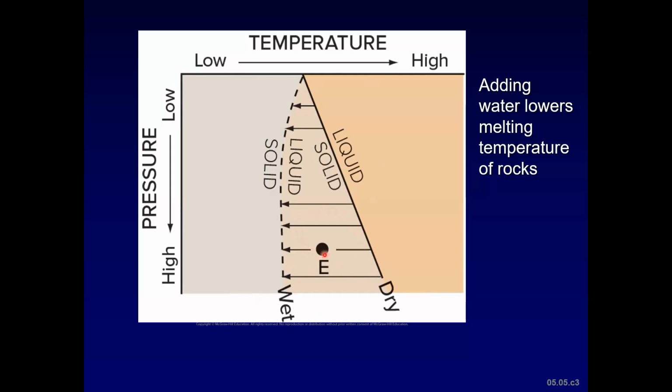It's quite hot and dry. What can happen is that it'll melt. It was a solid, we added water, and we're actually moving the boundary for liquid rock here, and suddenly point E is a liquid as well. It melts with the addition of water.